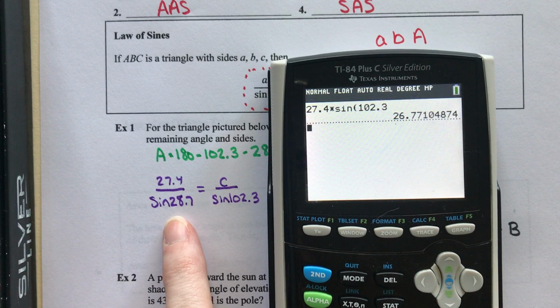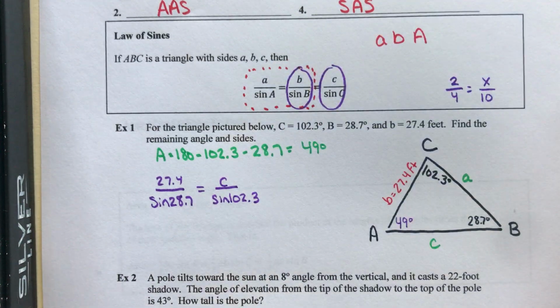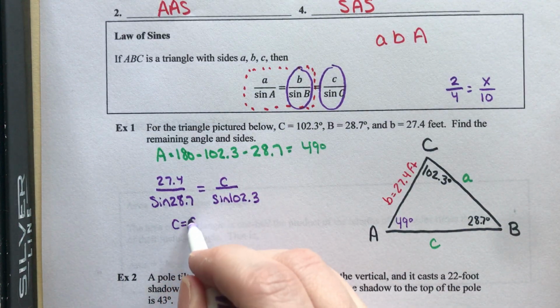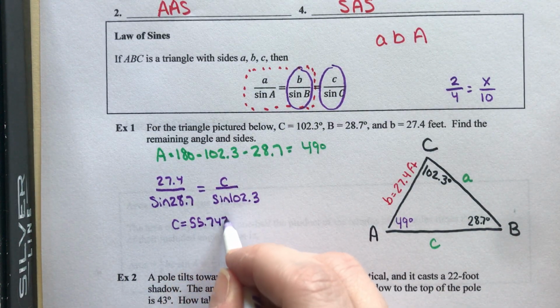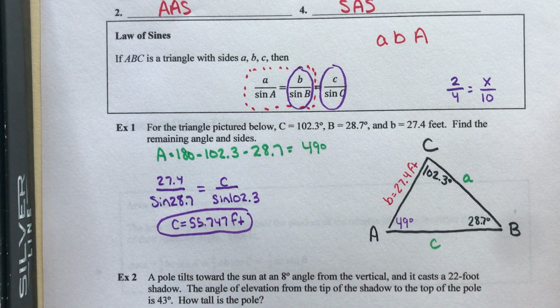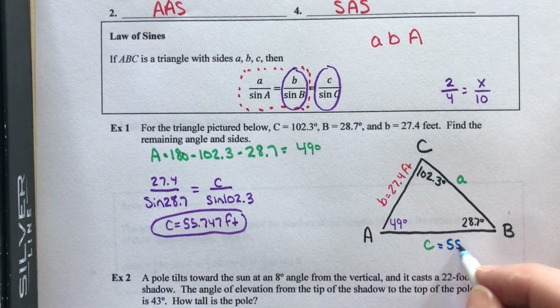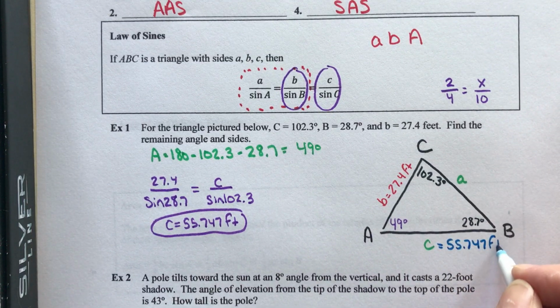Then I'm going to divide by the sine of 28.7. So that's solved for side C. I'm going to use 3 places, 55.747, and that's in feet. Okay, so I'm going to label that over here, 55.747.